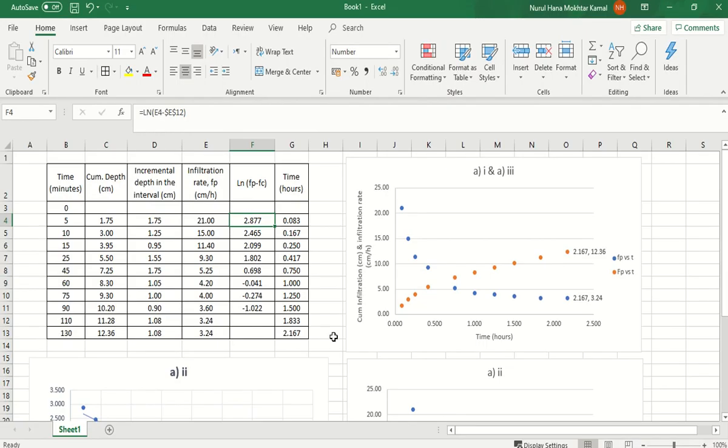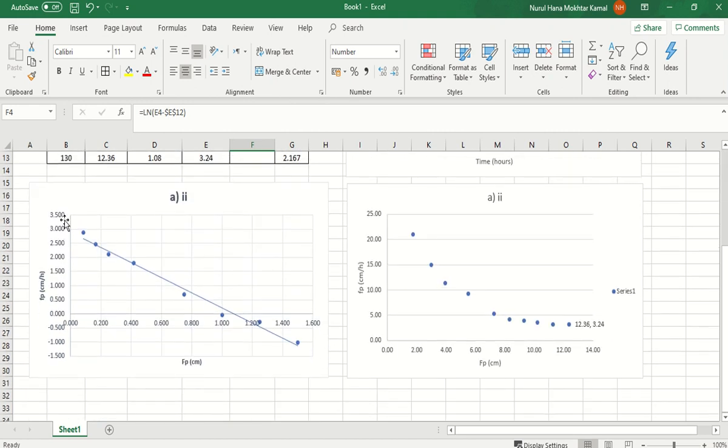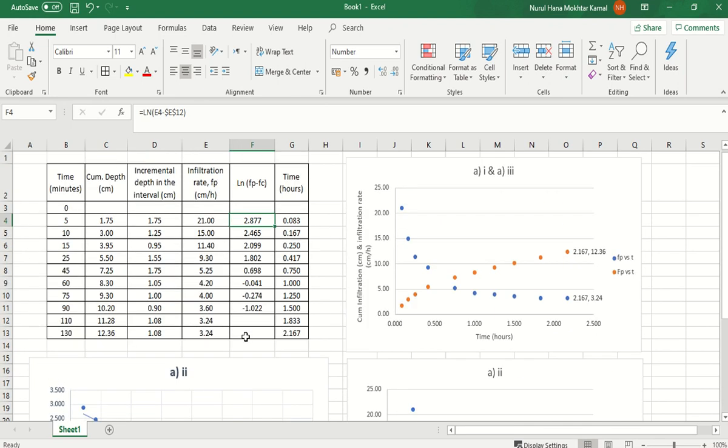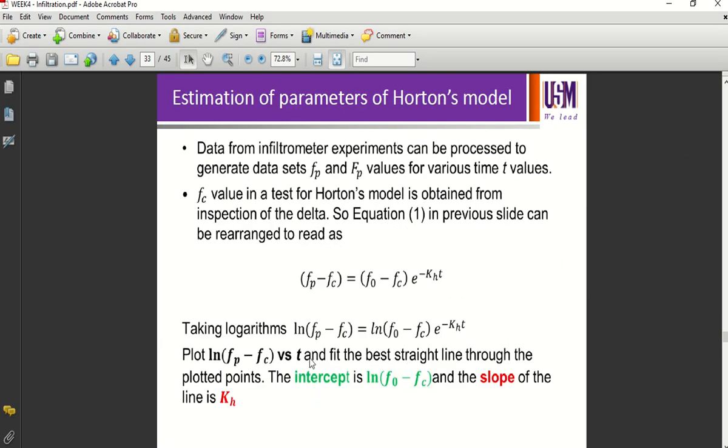So that's why you need this column, so that you can plot the ln of fp minus fc, like this one, when you rearrange this equation.